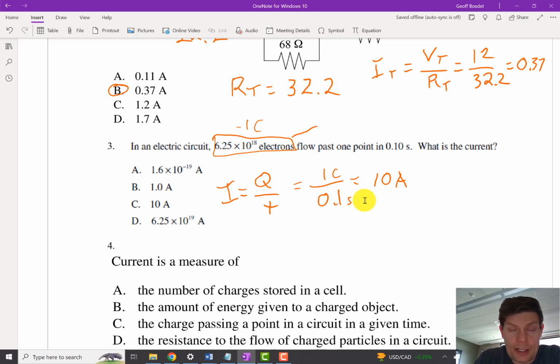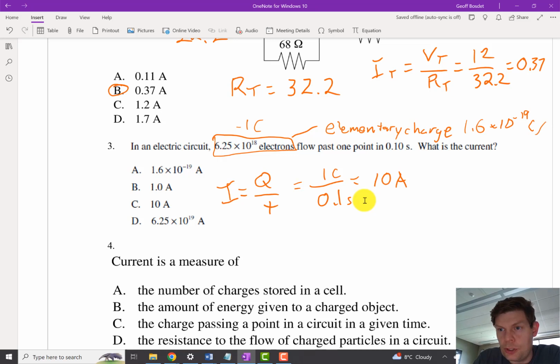Now, how you'd recognize this as 1 coulomb is in your data sheet, you have what's called the elementary charge, which is like 1.6 times 10 to the negative 19 coulombs per electron, or proton. Negative if it's electron.